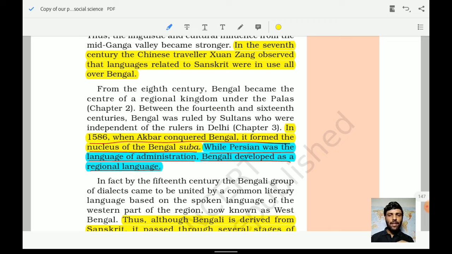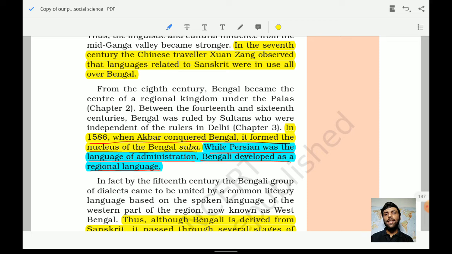In 1586, when Akbar conquered Bengal, it formed the nucleus of Bengal Suba. While Persian was the language of administration, Bengali developed as the regional language. So these rulers who were trying to occupy the parts further to the east or northeast, along with the language of administration, which was Persian, were also giving equal importance to the local or regional language.